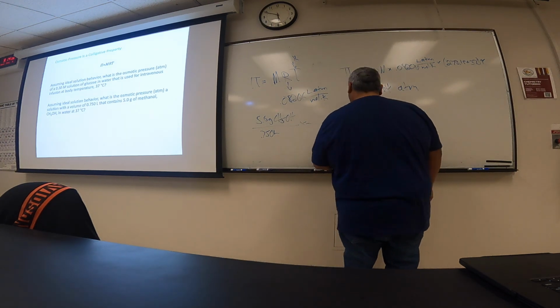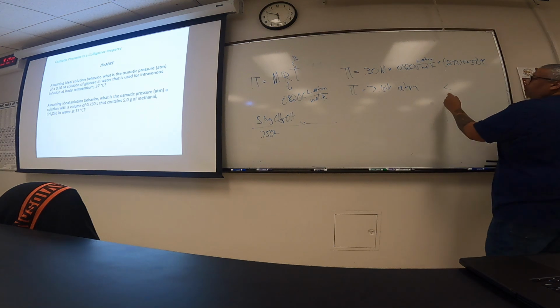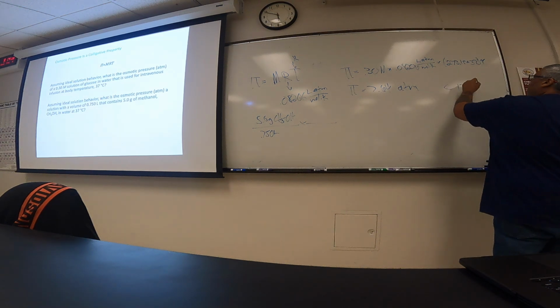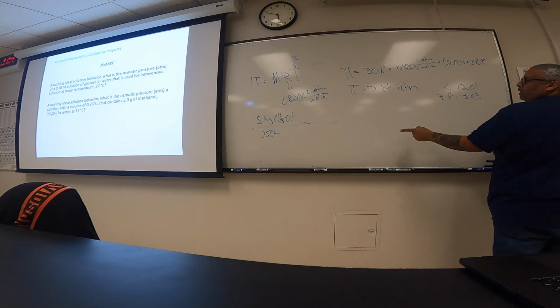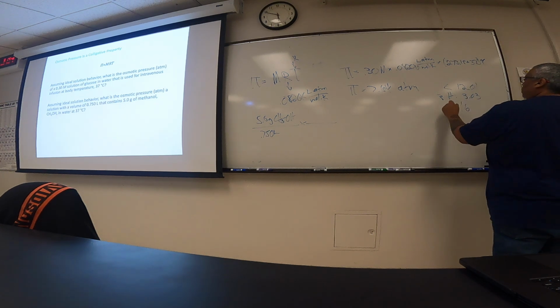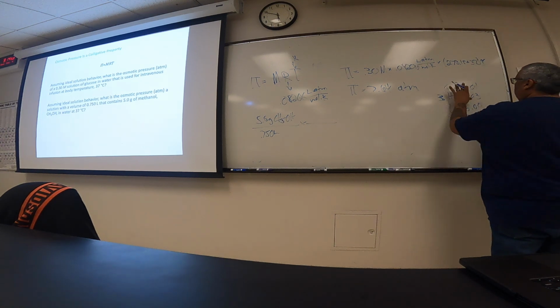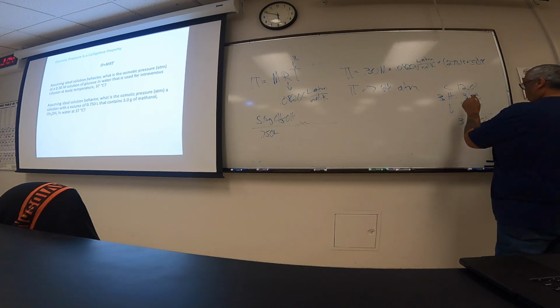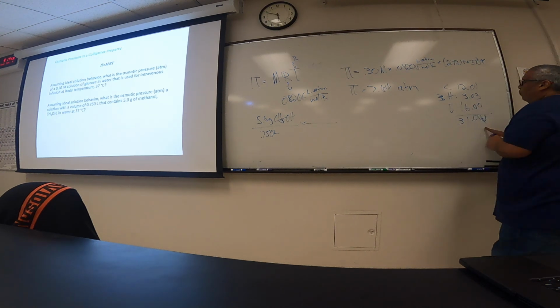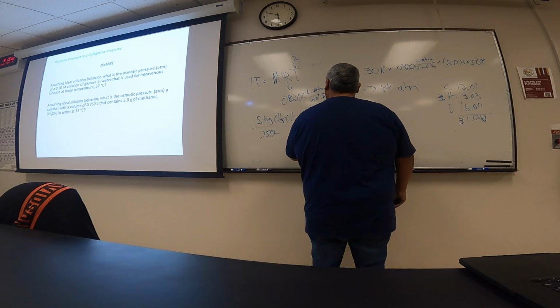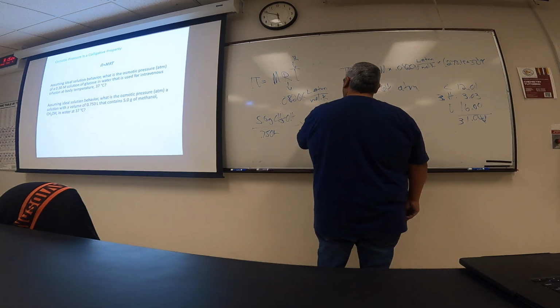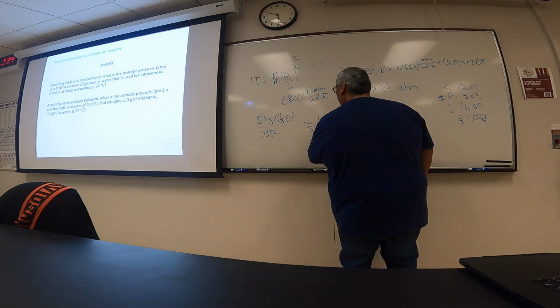So let's see what we have here. We have carbon, 12.01. There's 3 hydrogens, so that's 3.03. And then we have oxygen, which is 16.00, and the hydrogen 1.01, so 31.04 grams per mole. That cancels the grams out.